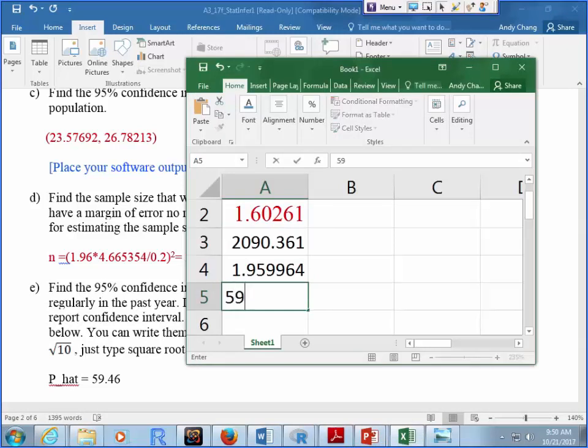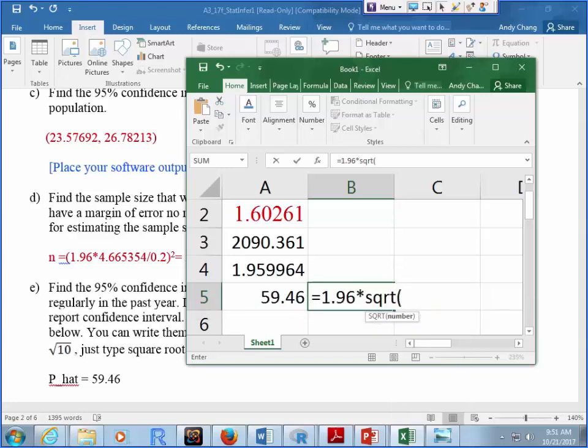We have a p hat of 59.46, and the confidence interval estimate will be this plus or minus the margin of error. So let's find the margin of error. What would the z-score, z alpha over 2, be now? If it's 95%, 1.96. Then multiply by the square root of this proportion times 1 minus this proportion, divided by the sample size.